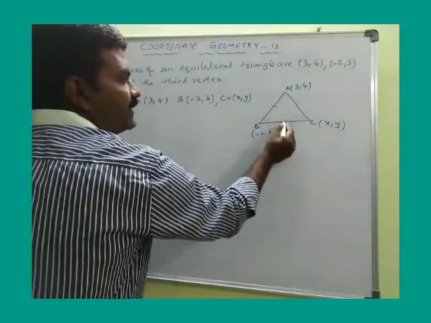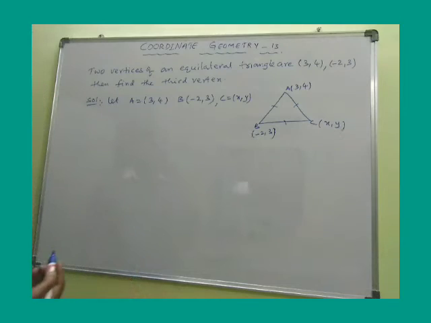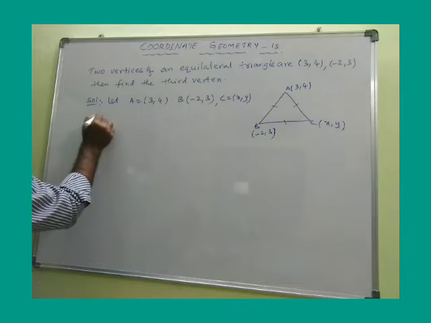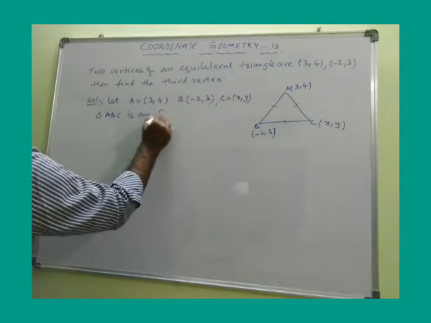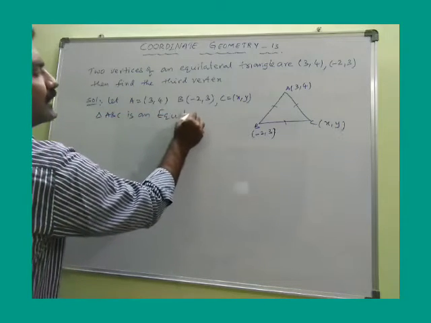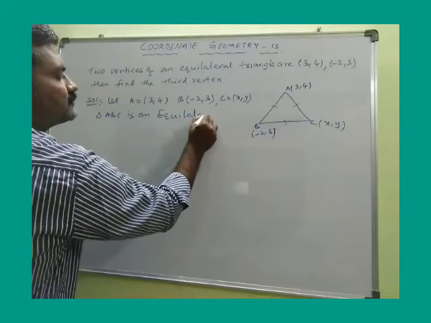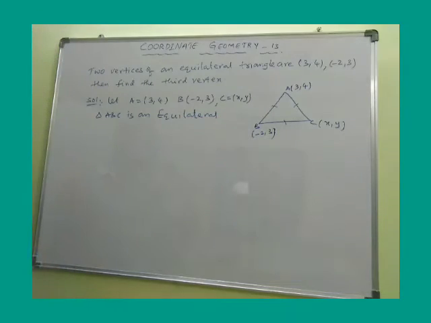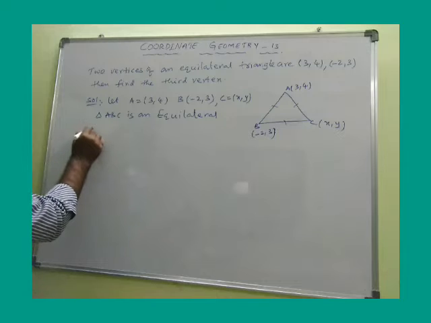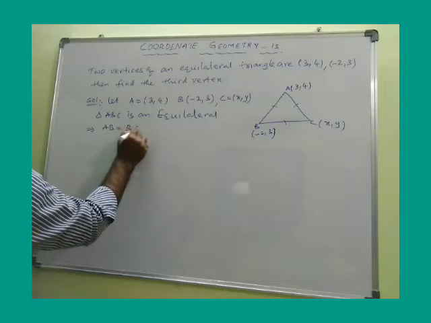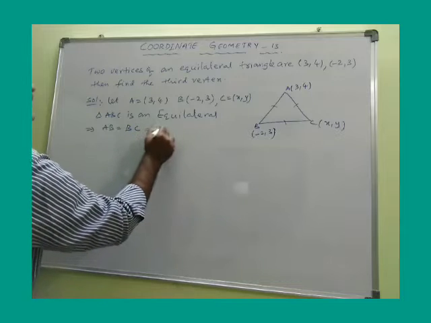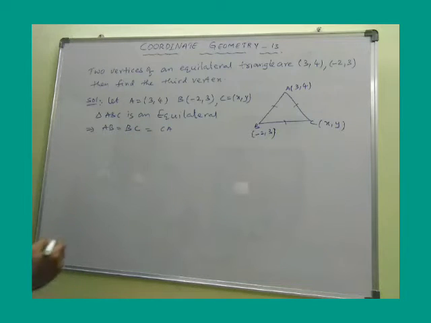Because of an equilateral triangle, the concept is that the sides are equal. So since triangle ABC is an equilateral triangle, I can say AB is equal to BC is equal to CA.